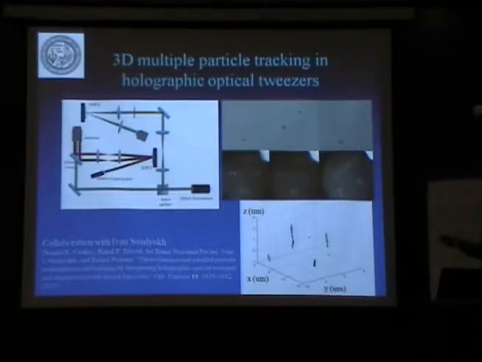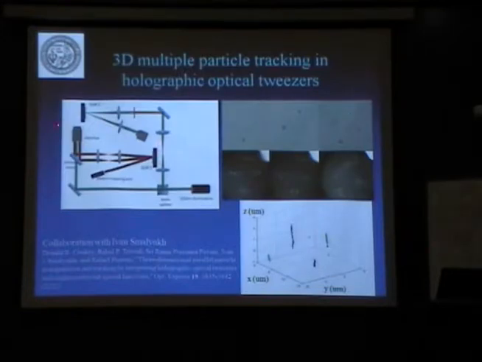And also a separate system, which is this one, I believe. This system here has a filter that allows you to localize these particles in 3-dimensional space.